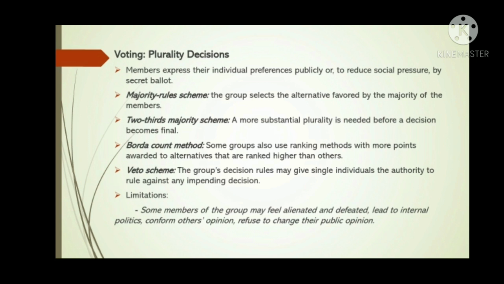Also, if the vote is taken publicly, individuals may conform to others' opinion rather than expressing their personal views, or refuse to change their public opinion so as to maintain the image of independence and consistency.